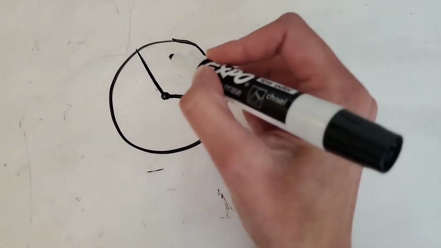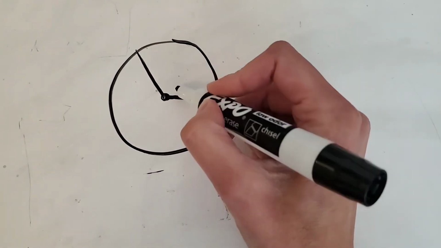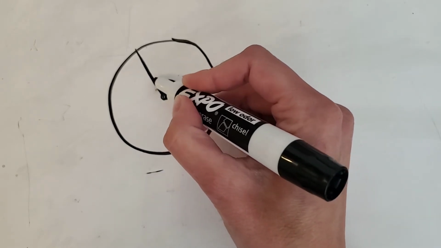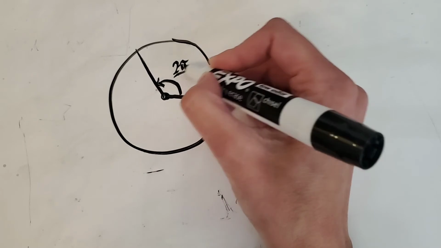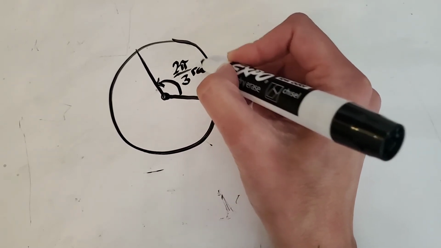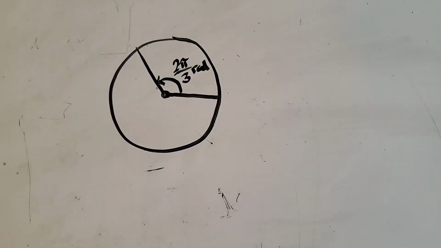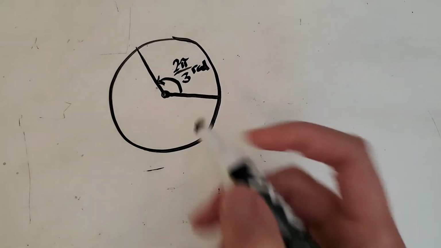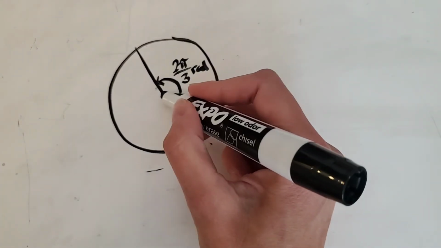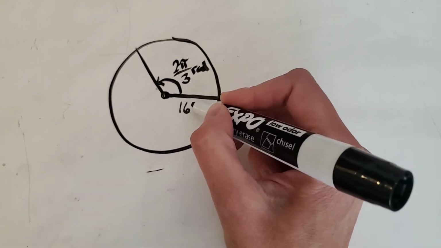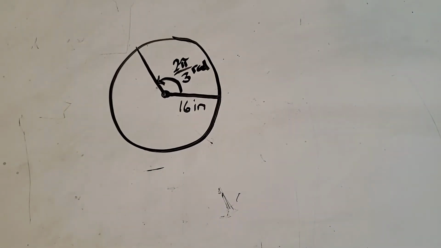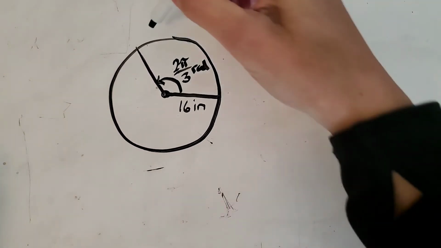And let's say I know that this angle right here is 2 pi over 3 radians. But I also know that this radius, we're not on the unit circle, but the radius is 16 inches. I want to find this arc length.